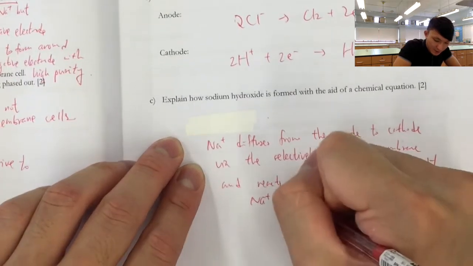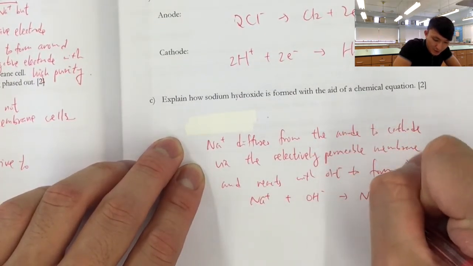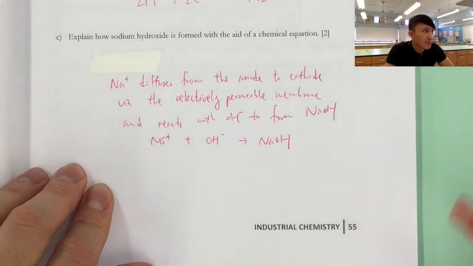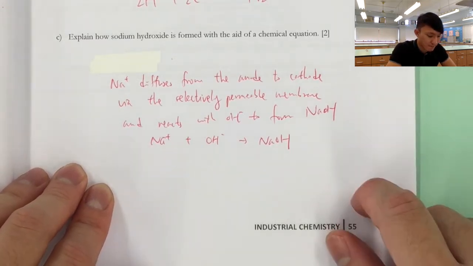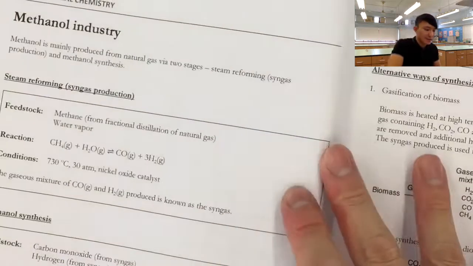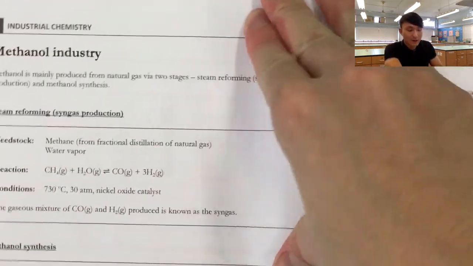So Na plus reacts with hydroxide to form sodium hydroxide. Good. Alright, so that's it for the chloro-alkali industry.